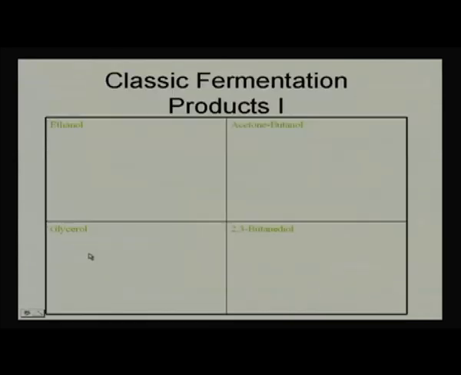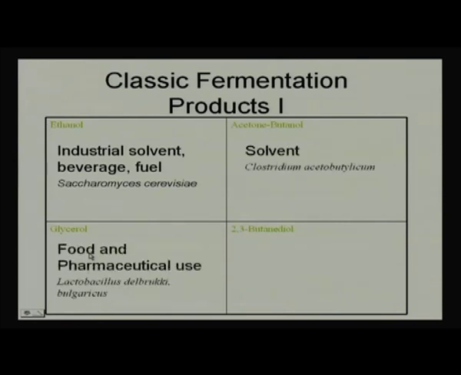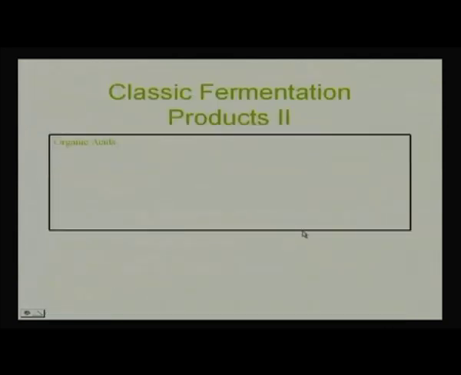So many acids and alcohols can be produced by the fermentation system. Ethanol is one of the most popular fermentation products. We can produce glycerol, acetone butanol, 2,3-butanediol, and so on.